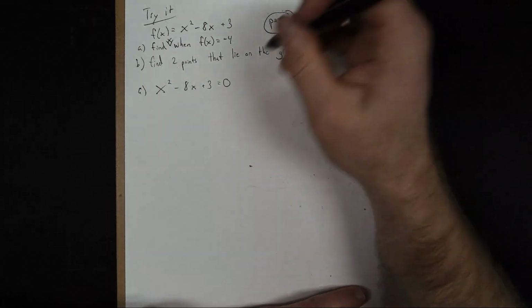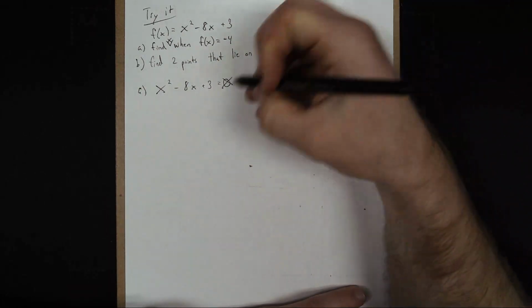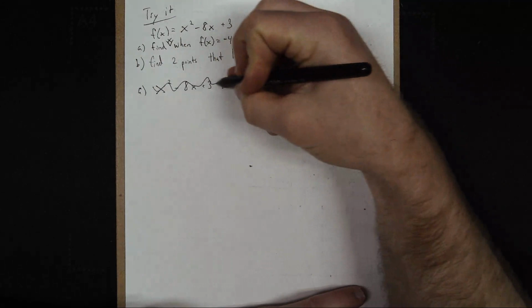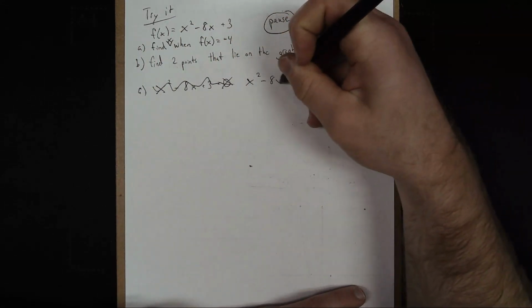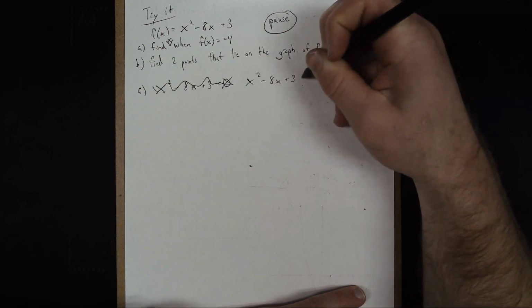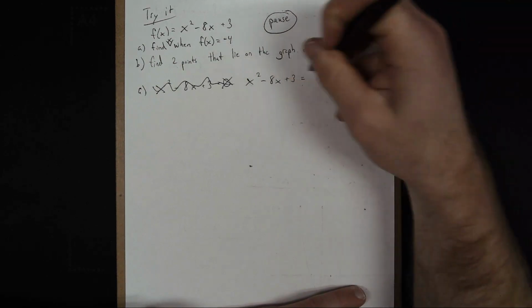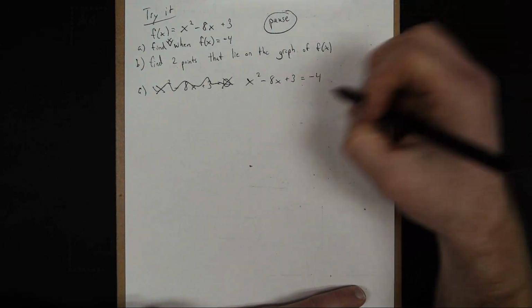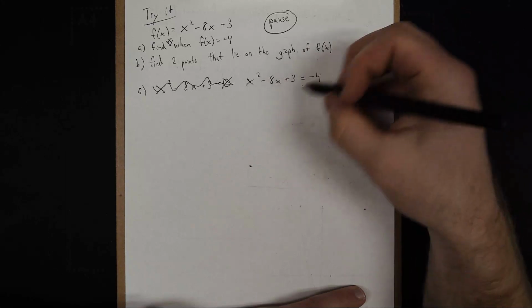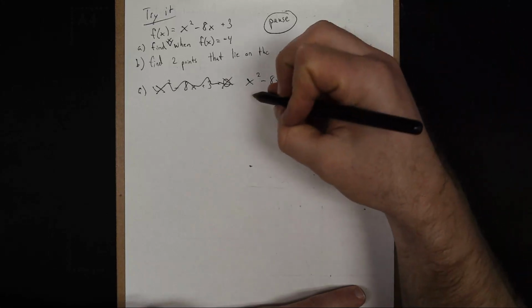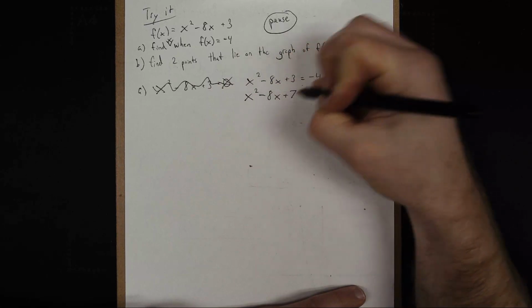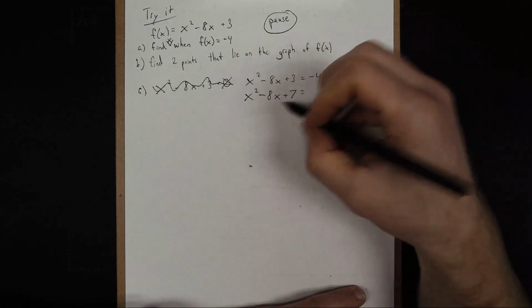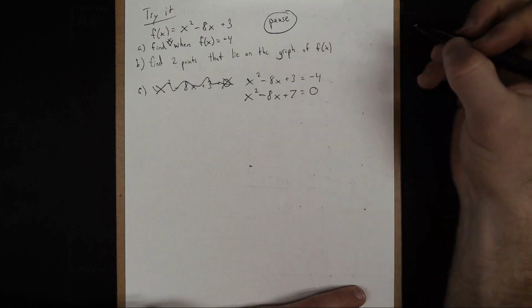Or hold on, my bad, not 0. x squared minus 8x plus 3, and we are setting this equal to negative 4. That's my mistake. We want to get that negative 4 over, so we're going to add 4. Get x squared minus 8x plus 7 is equal to 0.